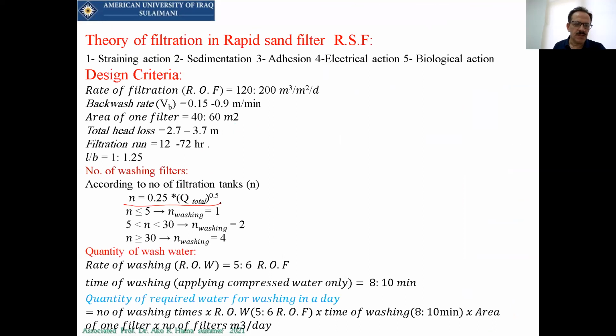The number of filters will usually be equal to 0.25 times the Q, the total Q, to the power 1/2. Now, for example, if I have 12,000 meter cube per day, taking the square root of that 12,000, how much will it be?